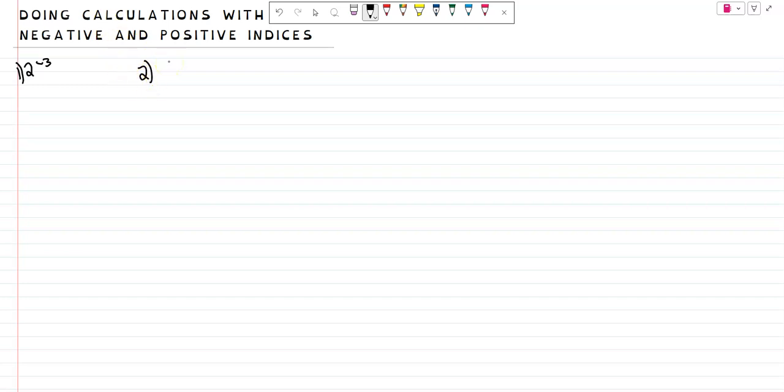Question number 1 says 2 to the power of negative 3. Number 2 says 4 to the power of 3 multiplied by 4 to the power of negative 5. And then we have our third one.